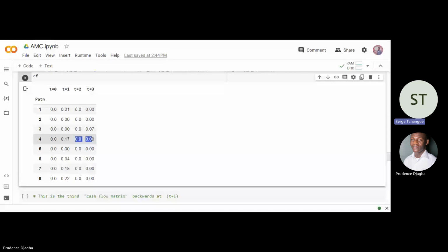But the actual EE for T1, you're going to do the first path value 0.1, plus the second path value 0, plus the third path value 0. You add all of them and divide by 8. That will be your EE for T1.